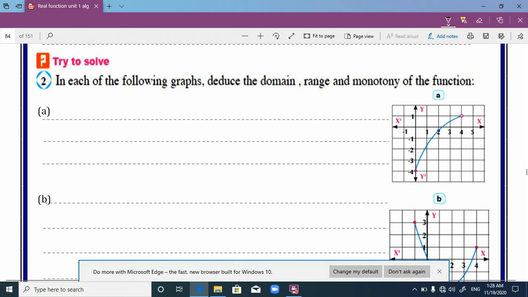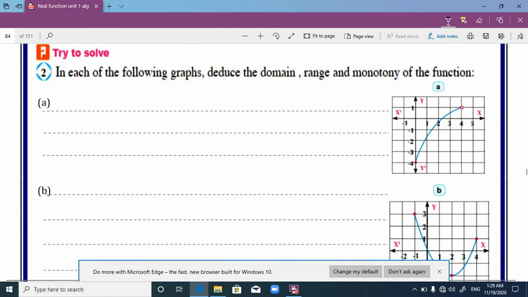In each of the following graphs, deduce the domain, range, and the monotony of the function. The domain of the function, from the x-axis, begins with 0 and ends with 4, so the domain equals 0 closed to 4 open.